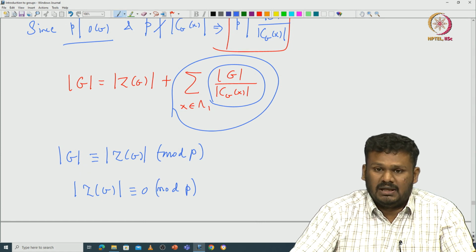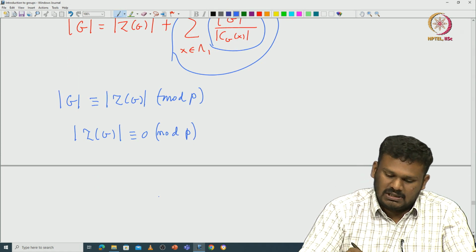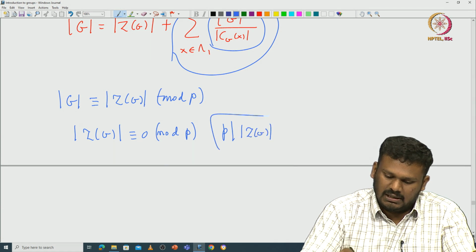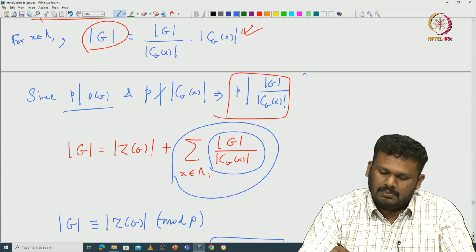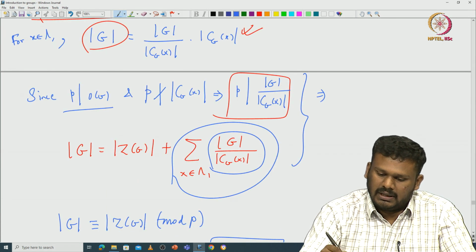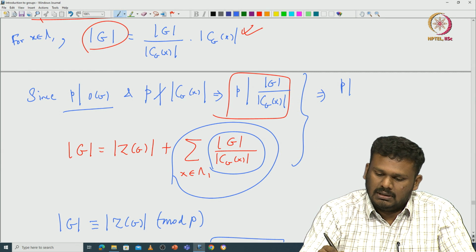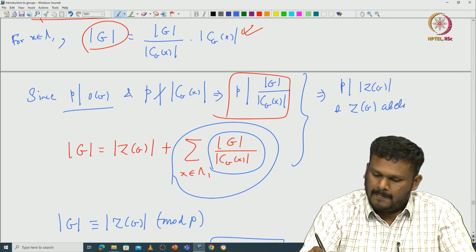divisible by p. So that means p divides the order of the center, but the center is an abelian group. Okay. So this implies p divides the cardinality of the center, and note that the center is an abelian group.